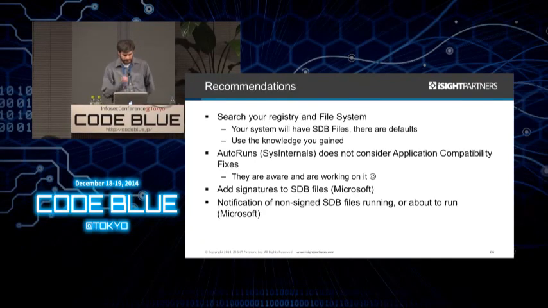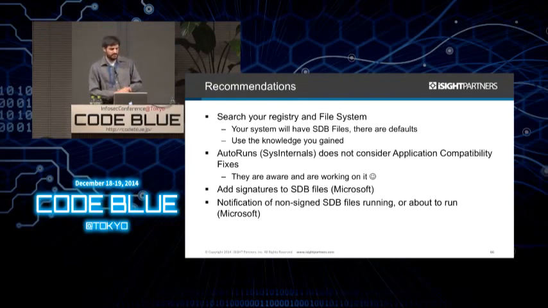So I think everyone should use the knowledge you gain here and be aware of this technique out there. And like I said, all these different techniques I talked about today all rely on those 2 registry entries that I mentioned early on in the talk. So you can go search there, see if something is there that shouldn't be, and you can further investigate from that path.